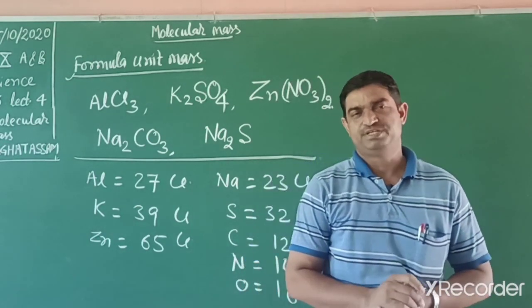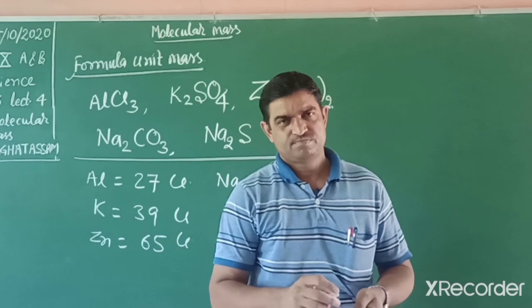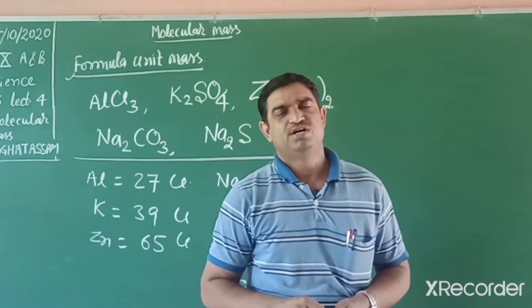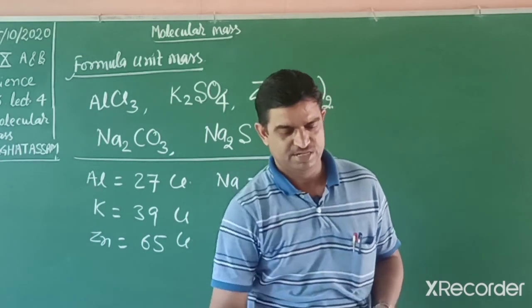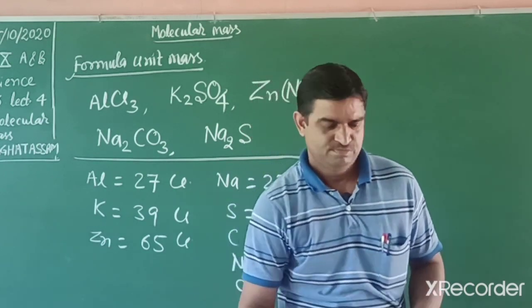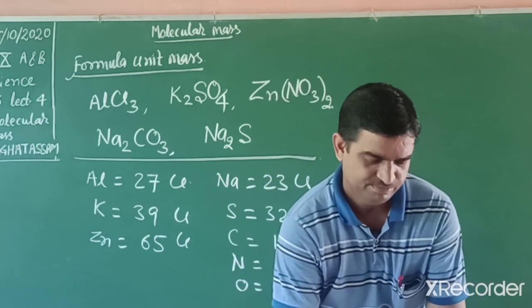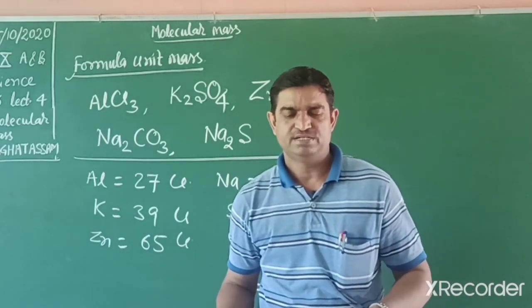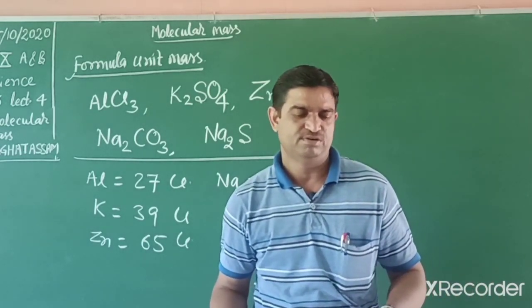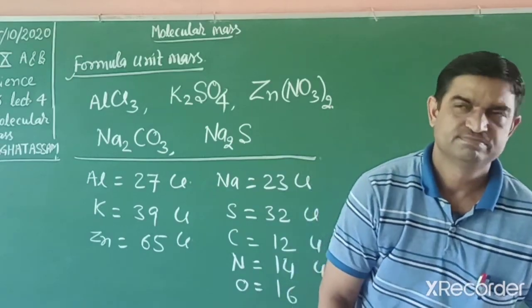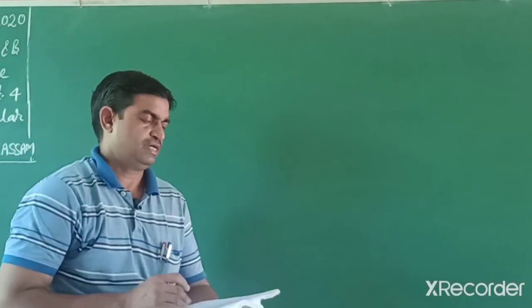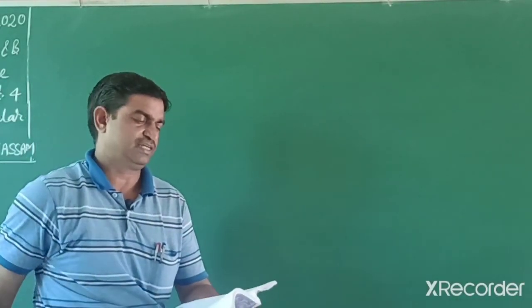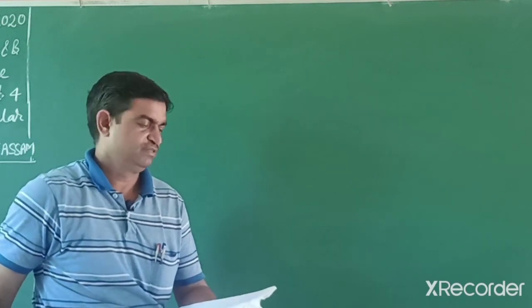Now students, we write some chemical formulas given in your NCERT book by solving a numerical. That question: write the chemical formula of the following. Now students, new question, write the chemical formula of the following.